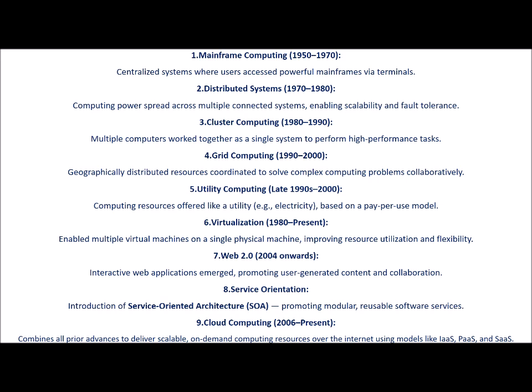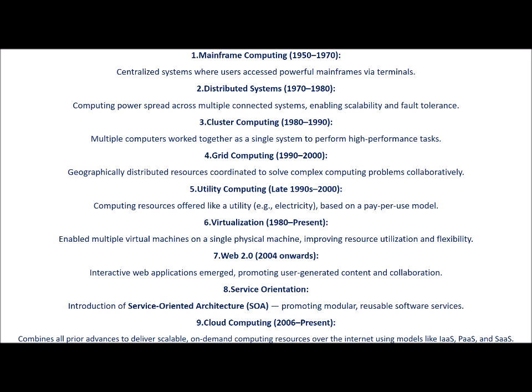And the next one is Web 2.0. So it's where interactive web applications emerged, promoting user-generated content and collaboration, used for web application development. And service orientation. So it's an introduction of service-oriented architecture which promotes modular and reusable software services.